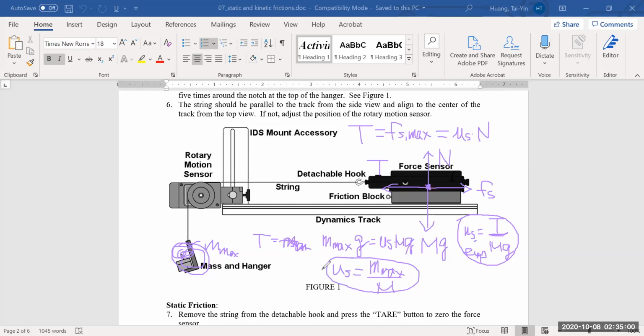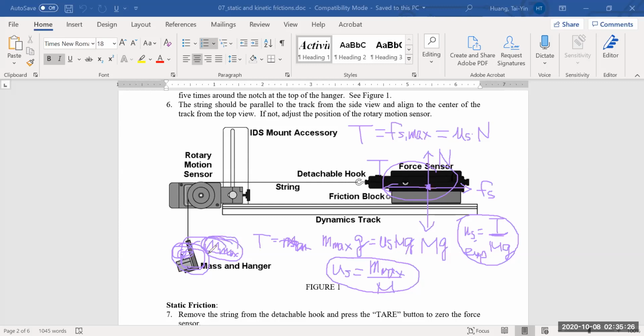All right, so the M max is the amount of mass that you put on this until you reach a point that the whole thing starts to wiggle. This is what we call the maximum mass. This maximum mass value will be given, and that already includes the mass of the mass holder.